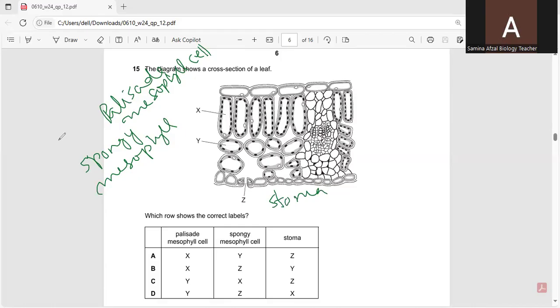Between the two guard cells, stroma is present. So X is the palisade mesophyll and spongy mesophyll is Y, and Z is the stroma. So according to this, A is the correct option. B, C, D are not correct options.